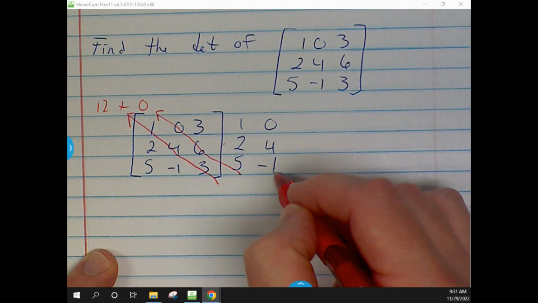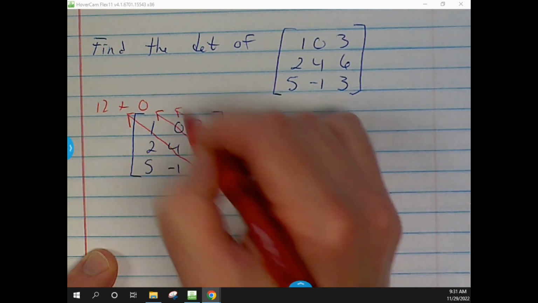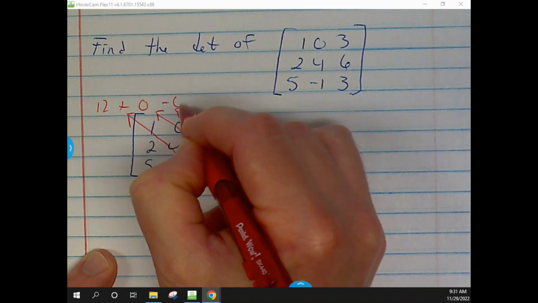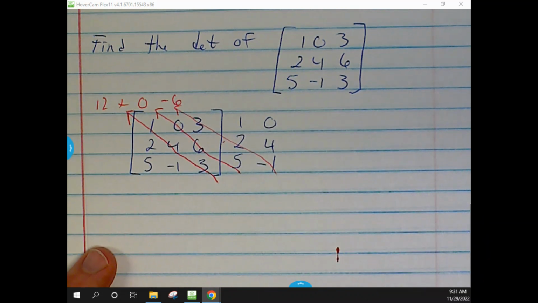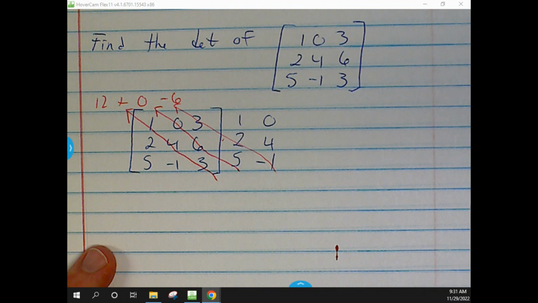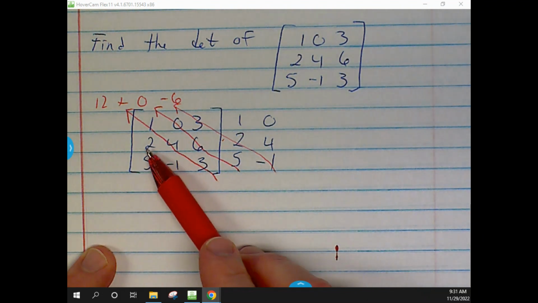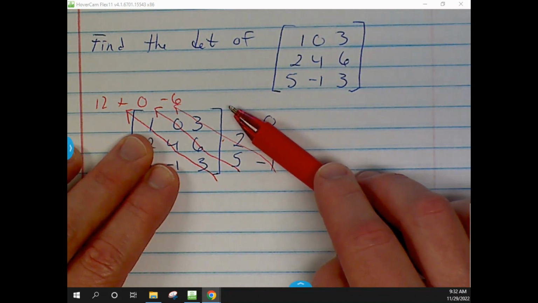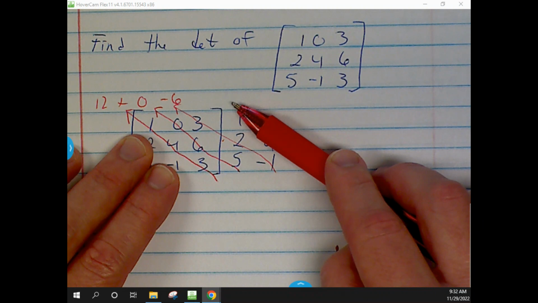And then -1 times 2 times 3, which is -6. So you won't use this little triangle here or this little triangle here when you're multiplying going this way because you just need those numbers there.